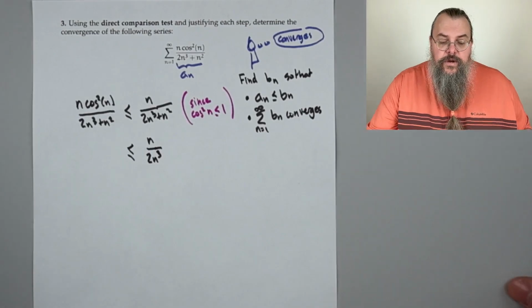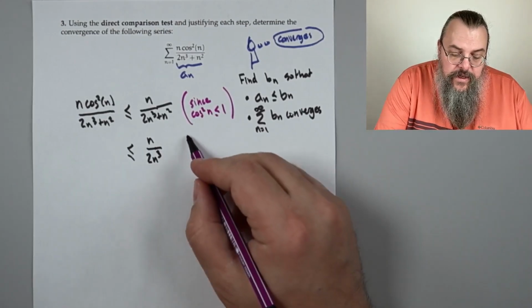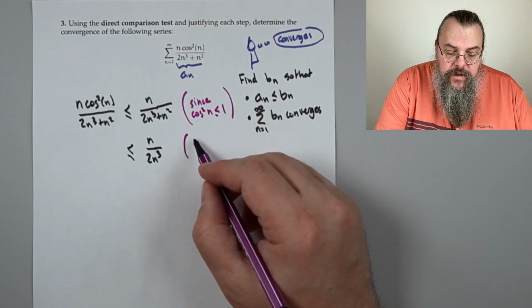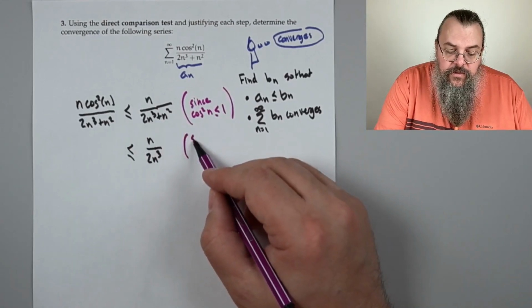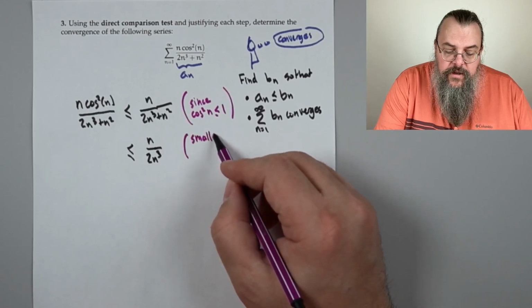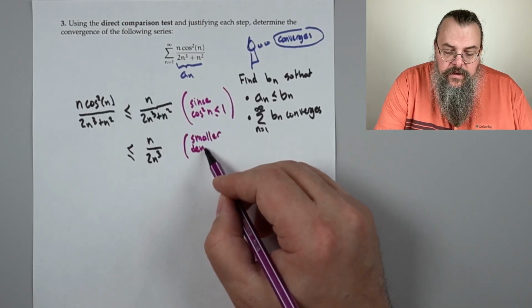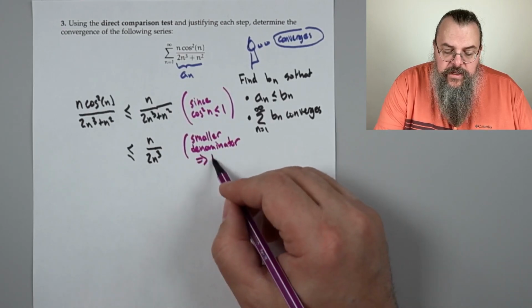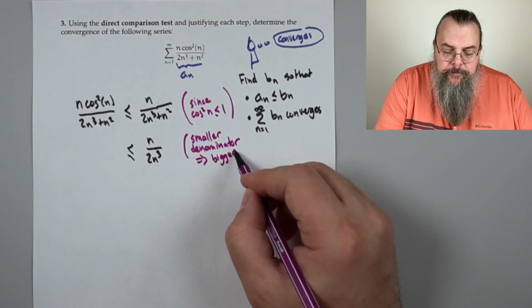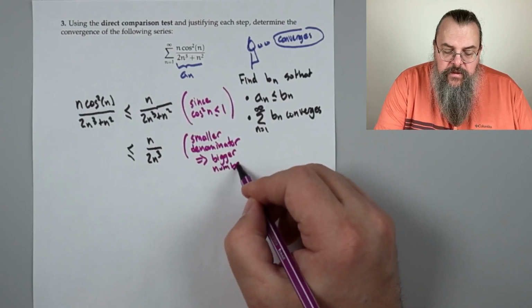Okay, so we'll put a note here. It says, since we're going this way, we can say smaller denominator leads to bigger number, because that's what we've done.